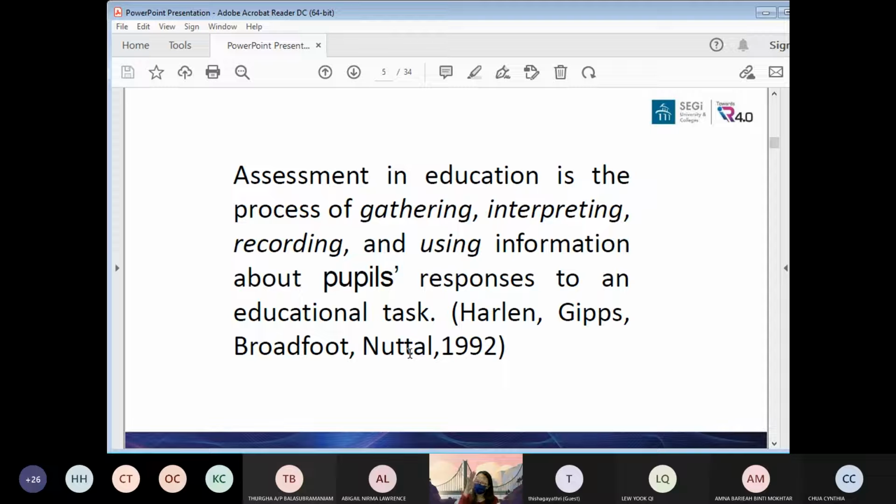The first data is called the raw data. Nothing is changed. It's just what you saw and you write. Then after that, you interpret your findings, and then you see how you can help the child.